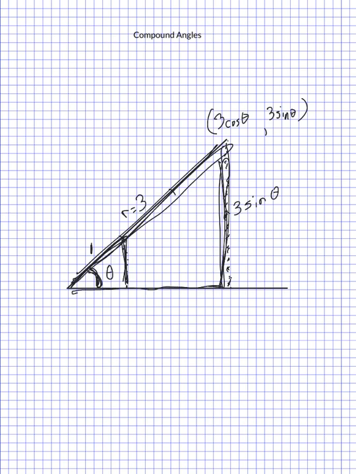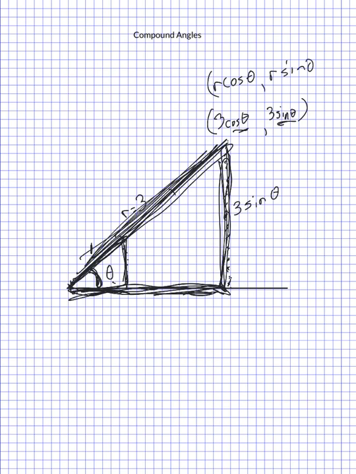Because this right here is the cos of the angle if there's a radius of 1, but since there's a radius of 3, it's going to be 3 times that. Okay, so the distance to the right is 3 times the cos of theta. The distance upward is 3 times the sine of theta. So basically what I'm saying is it's just r times the cos of theta, whatever distance r is, and r times the sine of theta.